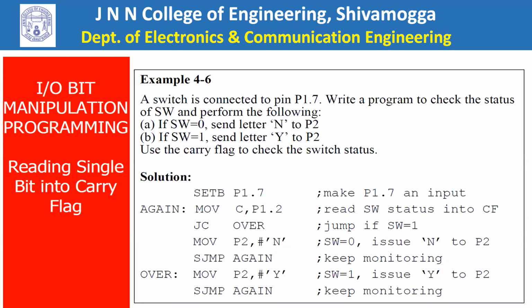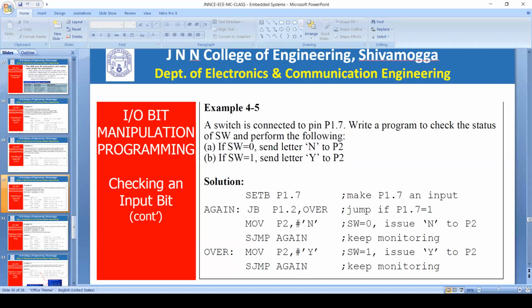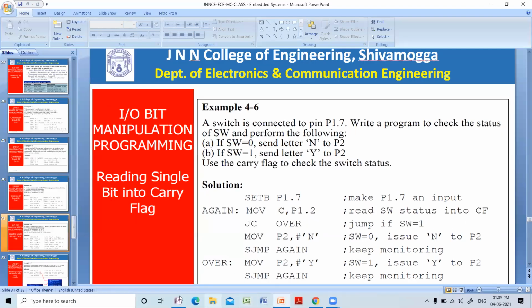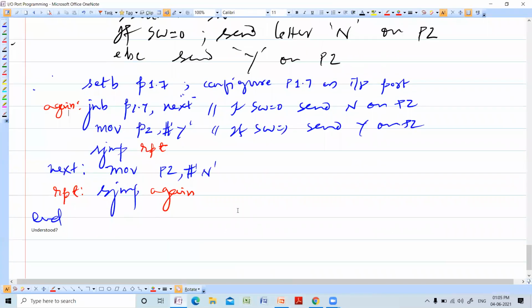Only a small change. Analysis is same, but the way you present the program is different. So in this program, we would write the changed part in a different color just to differentiate. Everything is same. This part is same.